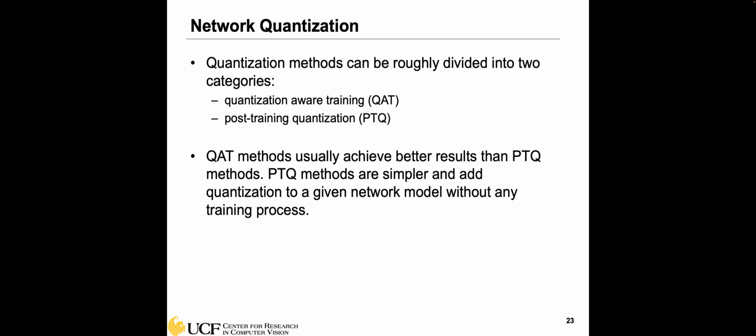But the disadvantage or limitation as compared to quantization aware training is that the performance usually suffers more drop, because QAT considers the quantization error or performance drop during the training stage, right? During the fine-tuning and retraining, it tries to recover that performance drop.